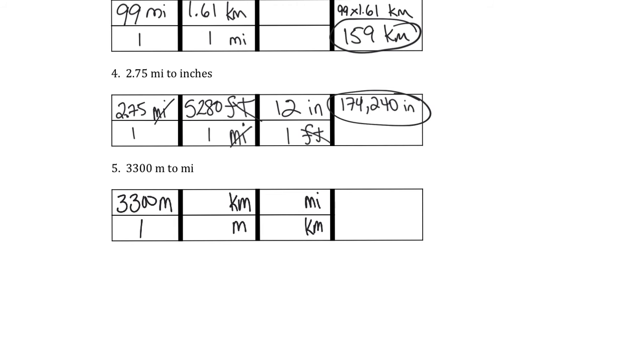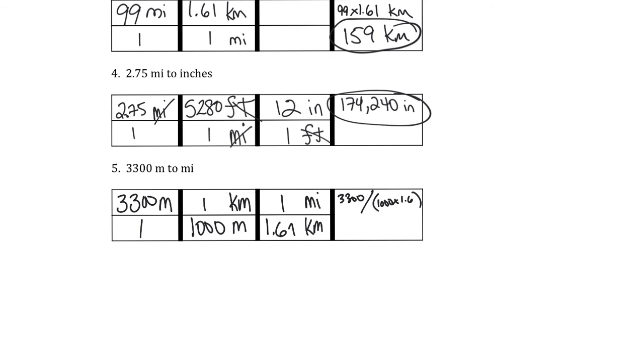With the numbers, we get 3,300 meters over 1. There are 1,000 meters in 1 kilometer, and there are 1.61 kilometers in 1 mile. Now, this one, when you're actually putting it in your calculator, be careful, because you're going to write 3,300 divided by, the stuff on the bottom has to be multiplied together, and that whole thing is on the bottom.